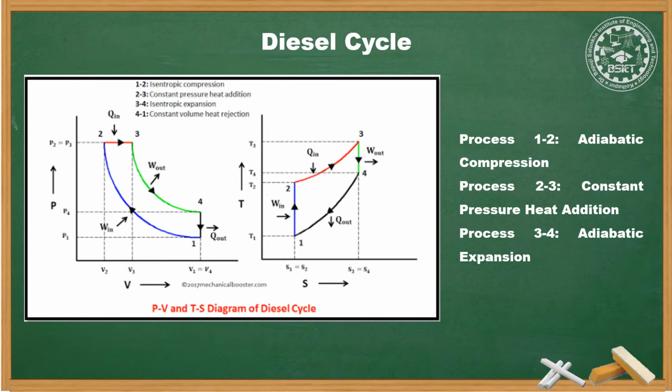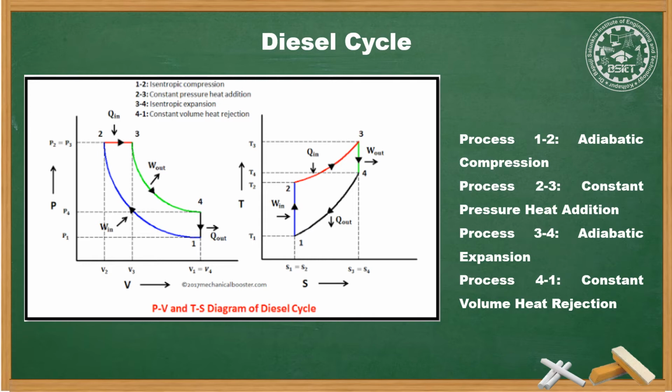And last is the fourth process, process 4 to 1, also known as the constant volume process. During this, the heat is rejected by the air to the external sink till it reaches condition 1. This completes our diesel cycle.